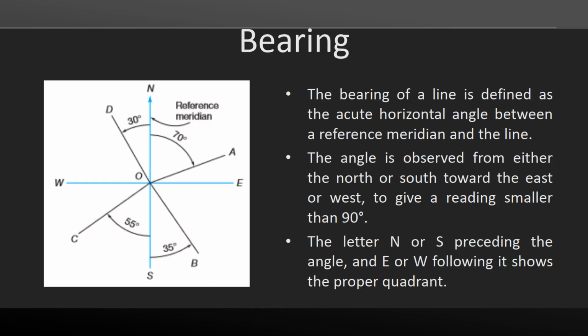Therefore, a bearing not only gives us the size of the angle but also identifies the quadrant or direction of the line. This makes bearings very useful in surveying for describing the orientation of property lines, traverse lines, and other surveyed features.